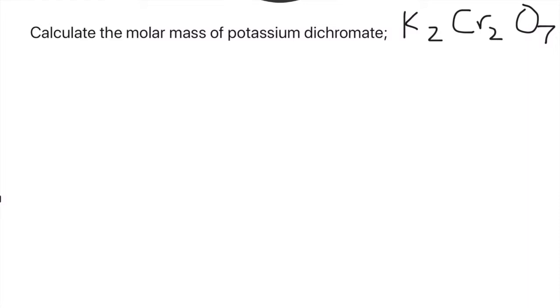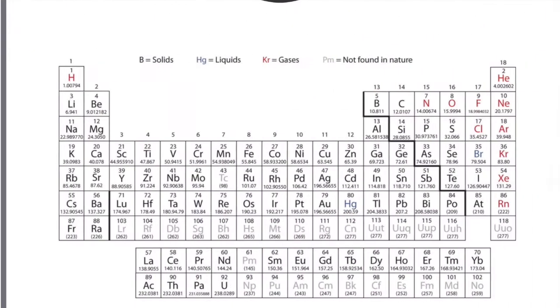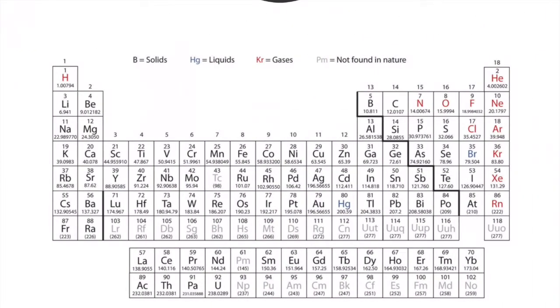So the molar mass of this compound is going to be the atomic mass of potassium, of chromium, and oxygen, all added together. And you can get the atomic mass of each of your individual atoms from your periodic table. These are values that are always available or should be always available to you, and you just have to refer to them to figure out, okay, so the atomic mass of potassium is 39.01, of chromium it's 51.9961.